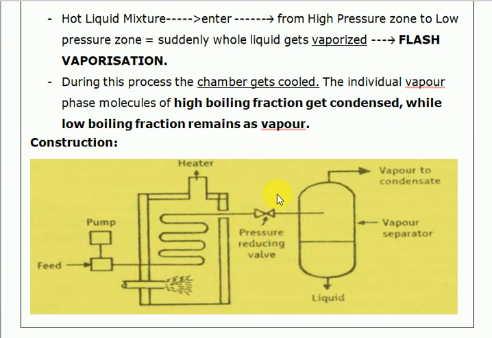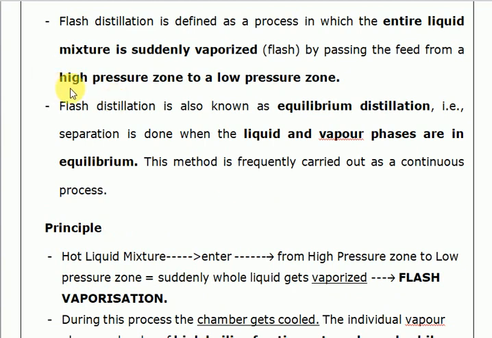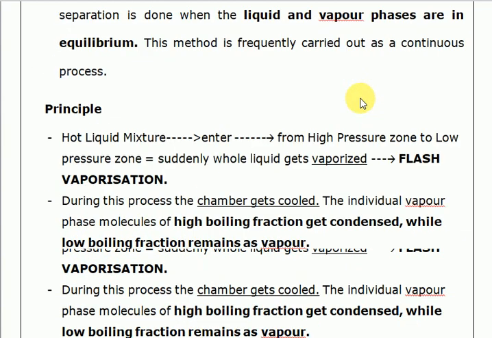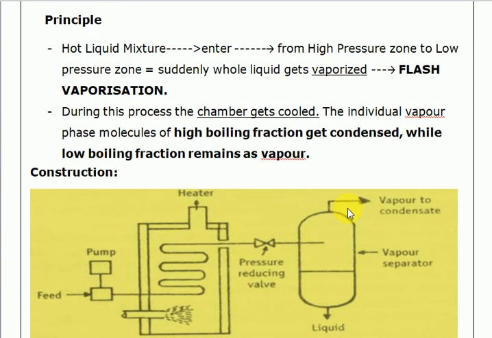There is a pressure reducing valve, so the pressure is reduced from a higher pressure zone to a lower pressure zone. And this is a vapor separator, where liquid and vapors get condensed and separated into whatever pure form you desire.